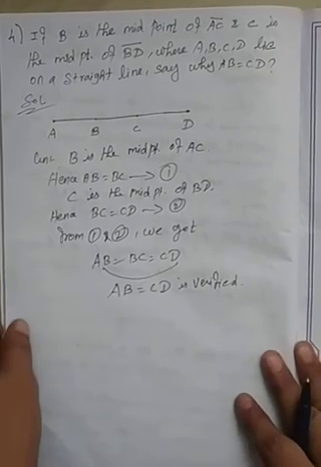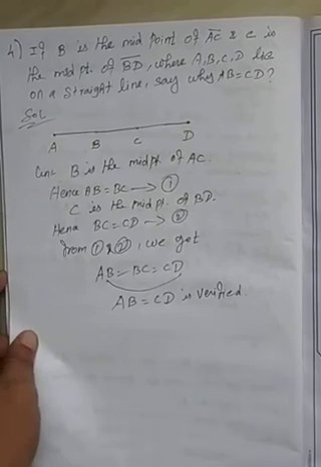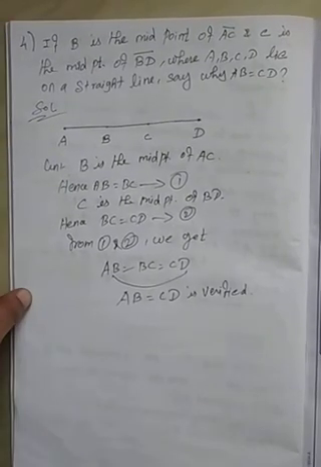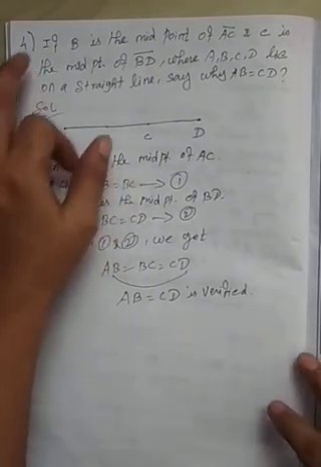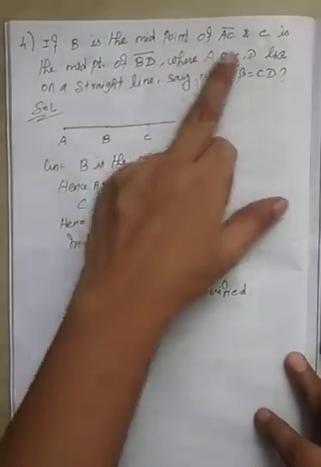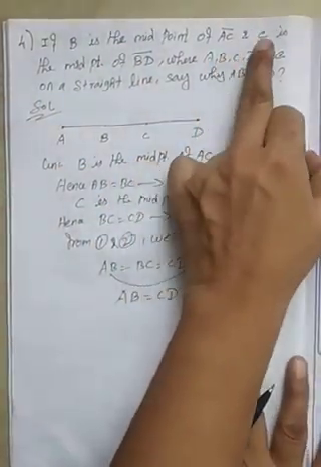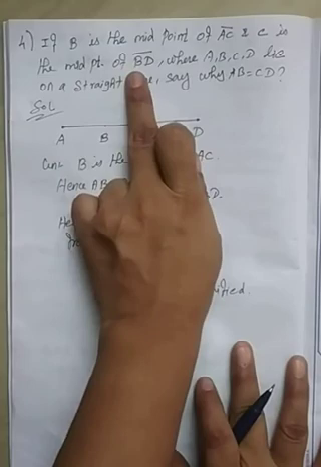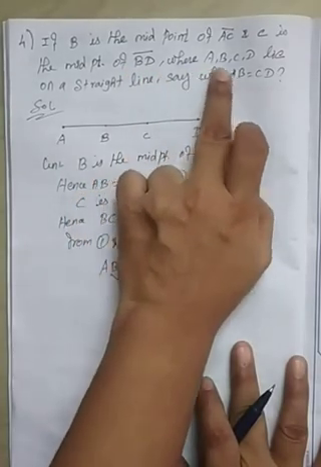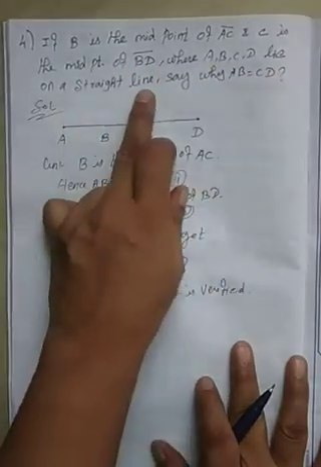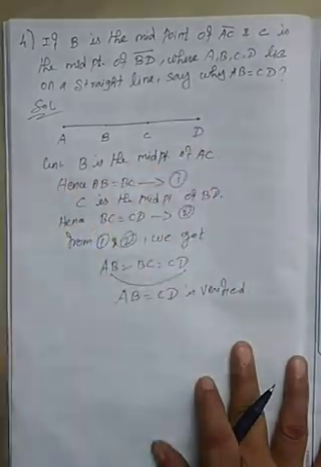Everybody clear in this problem? Okay, see here, what is the question? Now, in this question, if B is the midpoint of AC and C is the midpoint of BD, where ABCD lie on a straight line, say why AB equal to CD.